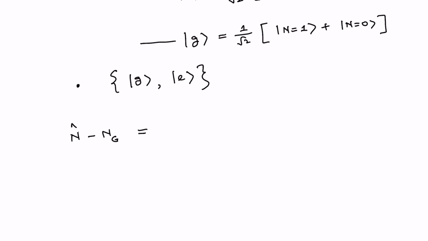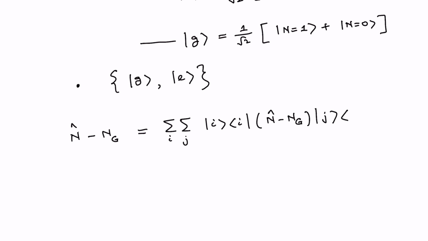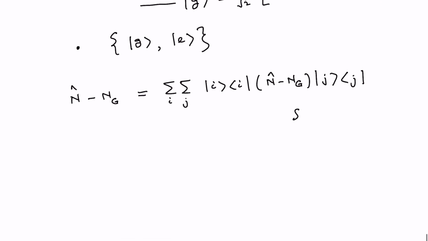Just to remind you once again, this can be written in the operator form, matrix form. If you write it in the matrix element form, you recall that we can write it as <i| n minus ng |j>. We have done this kind of stuff many times, so it should be clear to you. And here |i> and |j> take either |g> or |e>.